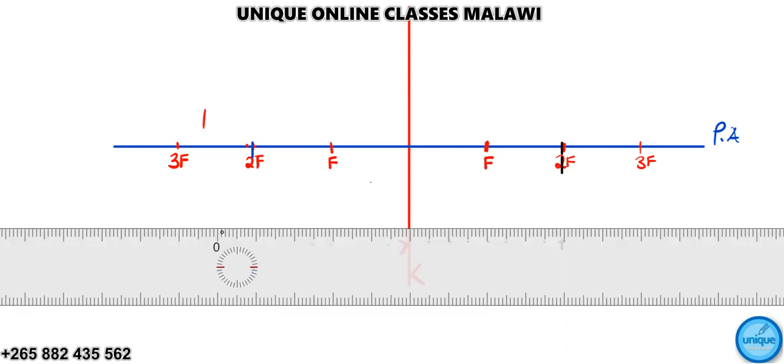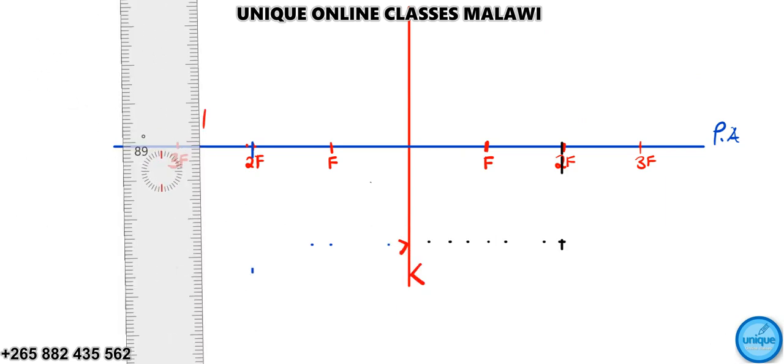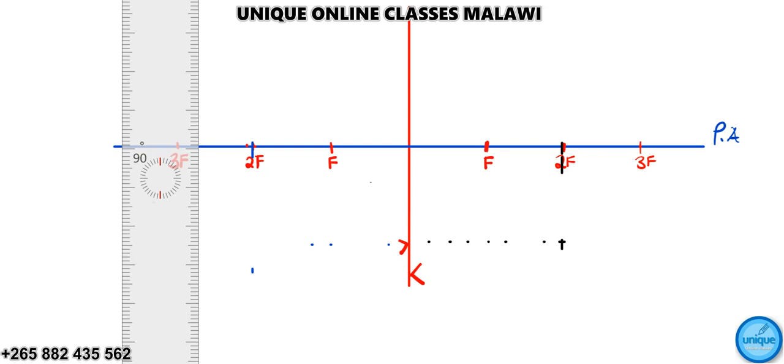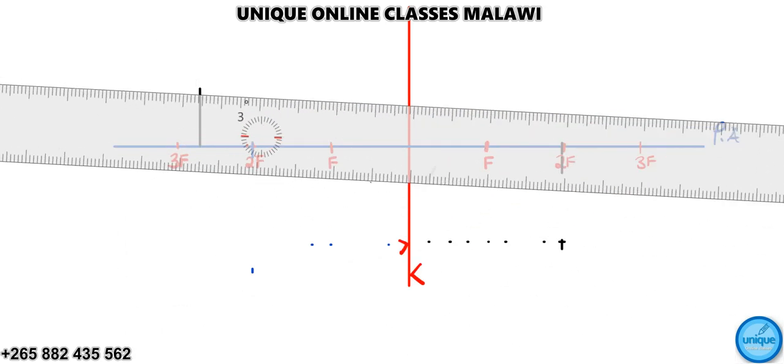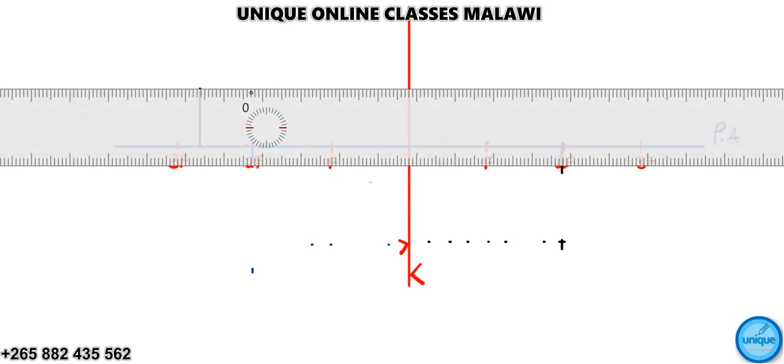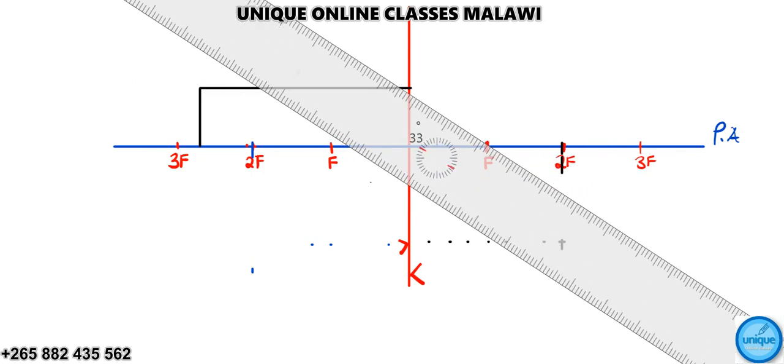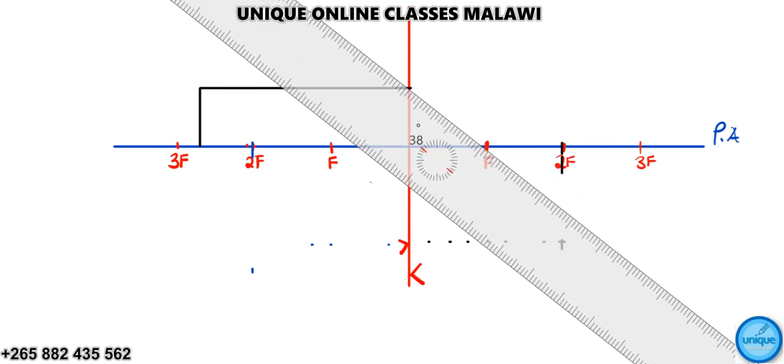So let me take my ruler. The height should be 2 centimeters. So that's 1, 2, 3 up. Then make sure you draw a ray forward parallel to the axis.